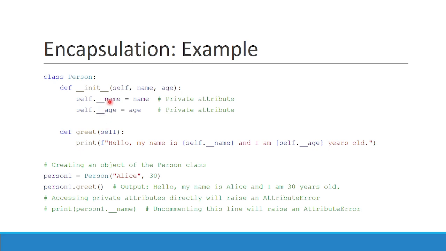When you specify two underscores, that particular attribute becomes private. So here self.__name = name, and self.__age = age. In the previous example we accessed this name and age from the method.